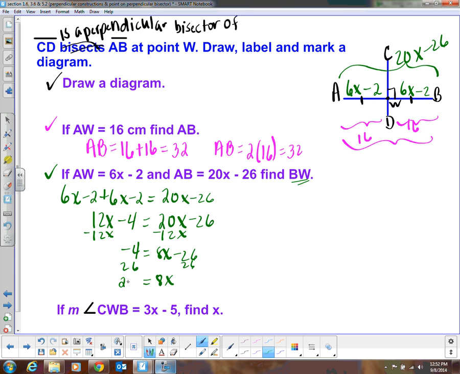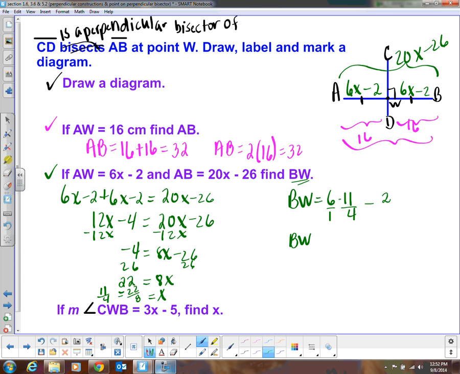I didn't write a very good problem. Okay, so that means x is going to be 22 over 8, which is the same thing as 11 over 4. All right, so now I'm supposed to find BW. BW is 6 times 11 over 4 minus 2, which is over 1.